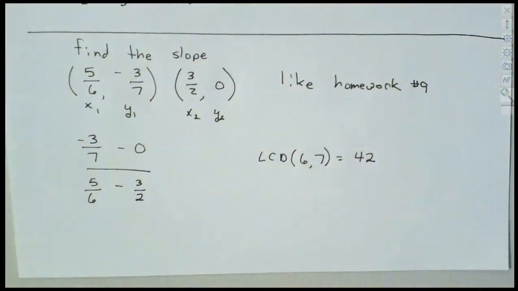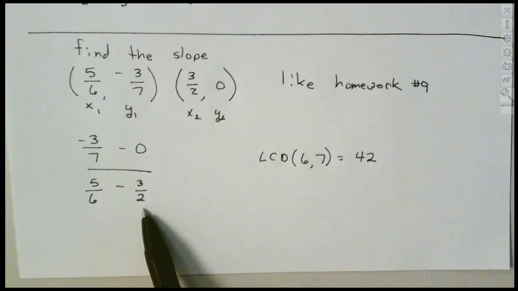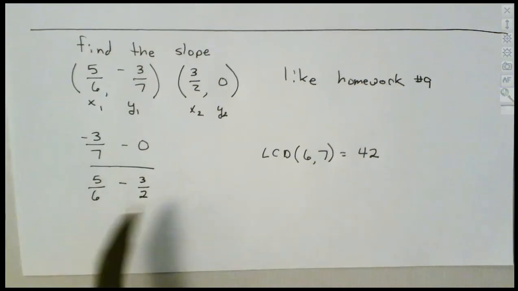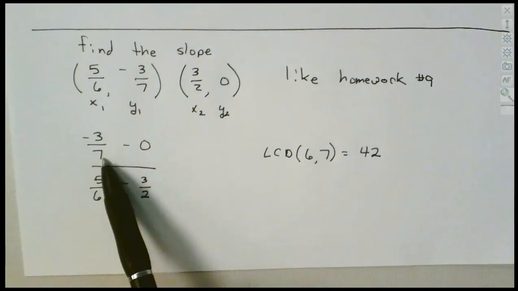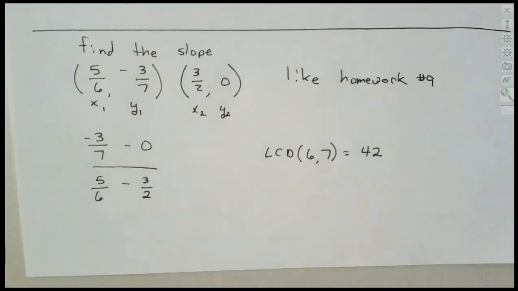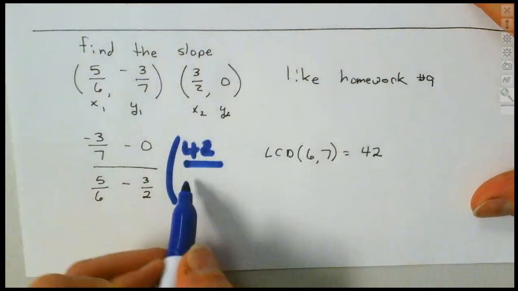So my least common denominator is going to be 42, because it also goes into that 2, doesn't it? 42 goes into 2, 42 goes into 6, 42 goes into the 7. Now we're going to multiply everything by 42 over 42.